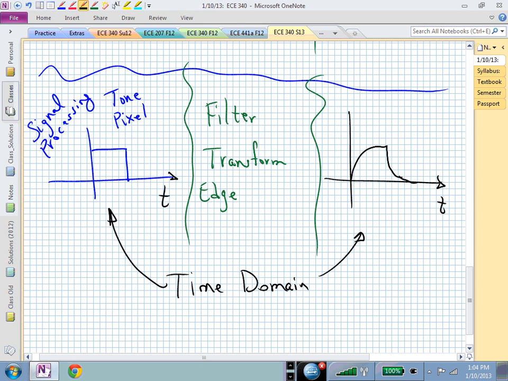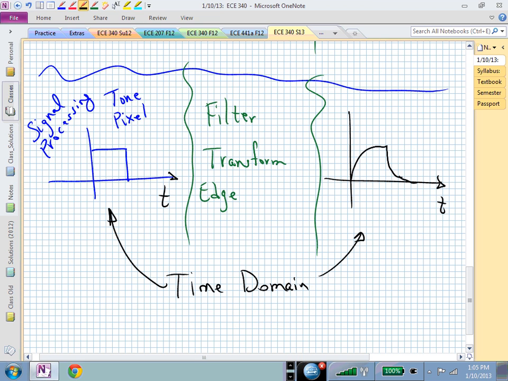We need to also figure out how to work with these in the frequency domain. You're becoming electrical and computer engineers. You need to be comfortable talking in time domain, frequency domain, and shifting back and forth. And I'll always be saying, oh, now we're going to go into the frequency domain, or now we're going into the time domain. You need to be comfortable moving back and forth.